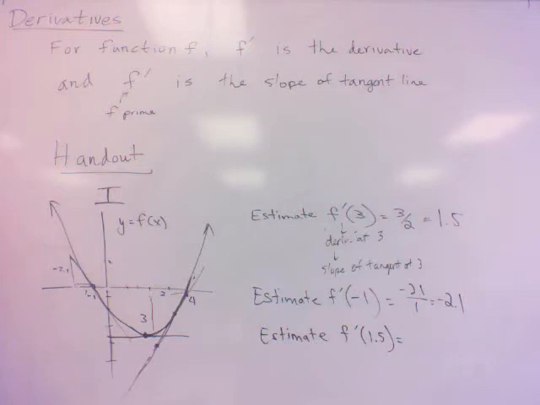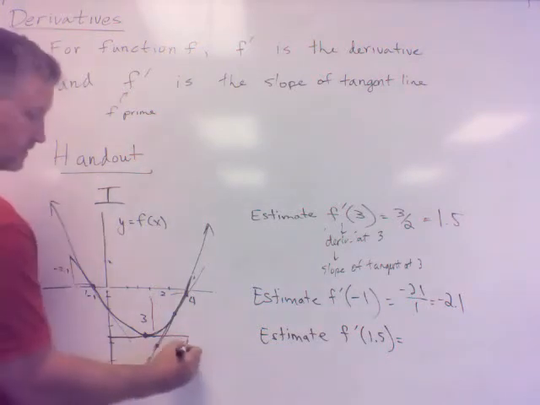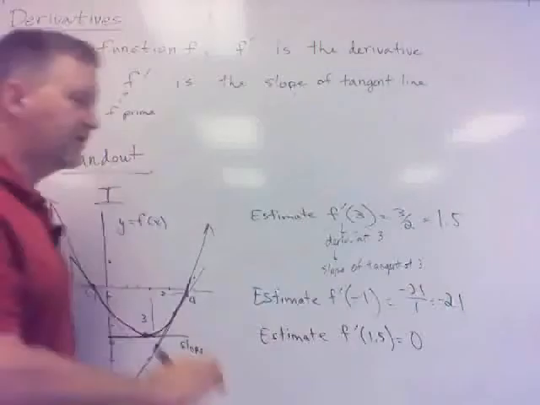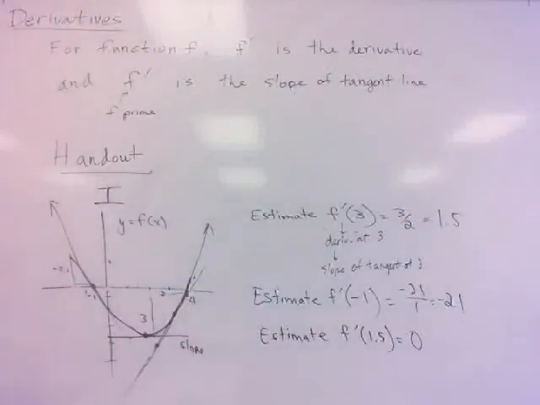And what about horizontal tangent lines? What's the slope there? Well, you don't rise any, you run whatever, 0 over whatever, 0 over 1, 0 over 2, is 0, isn't it? Yeah, when you get those horizontal tangent lines, remember the slope is 0. And so 1.5 is where we have that horizontal tangent line.